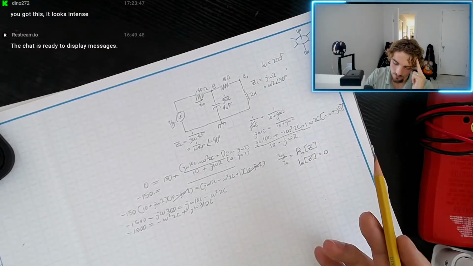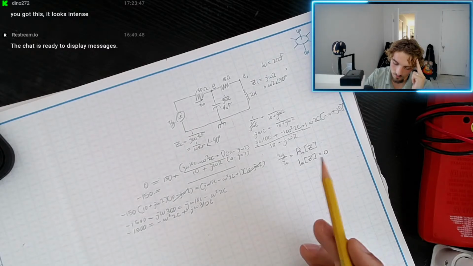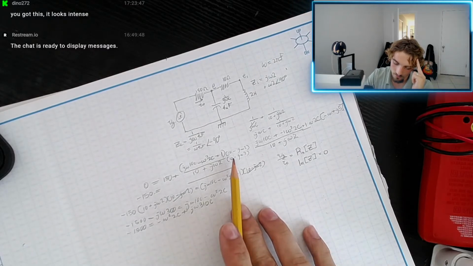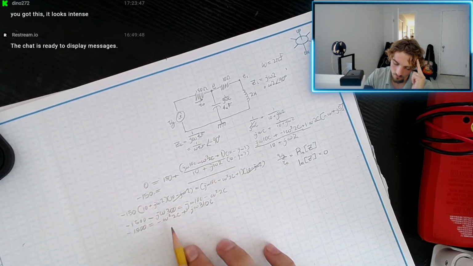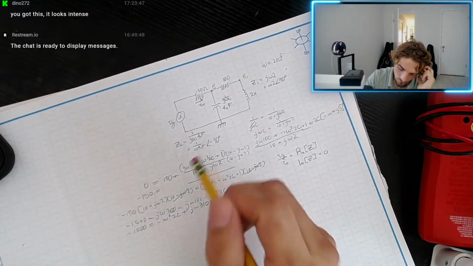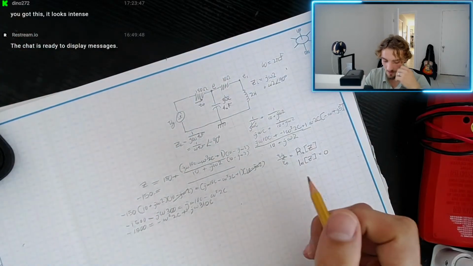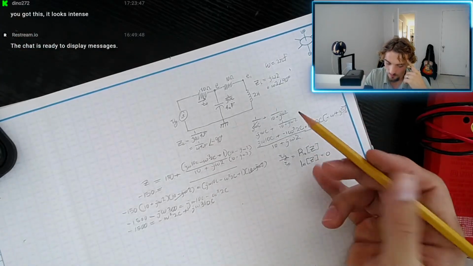Right, that wouldn't make sense. Not the whole thing. Only the imaginary part of the impedance. What am I missing?